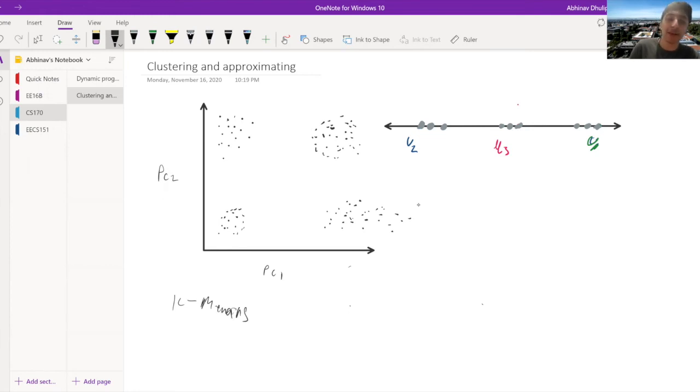Essentially saying that if I know the amount of clusters I need to categorize, then this problem no longer becomes NP hard, right? So then it no longer becomes NP complete. So that's the approximation algorithm I'm going to be showing off today.